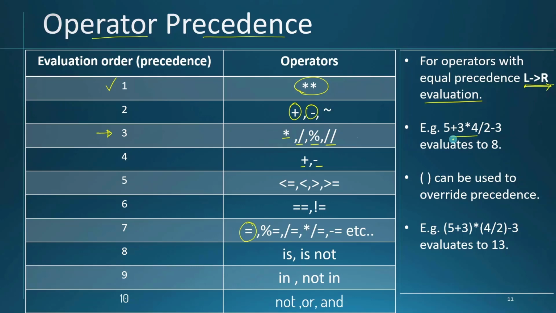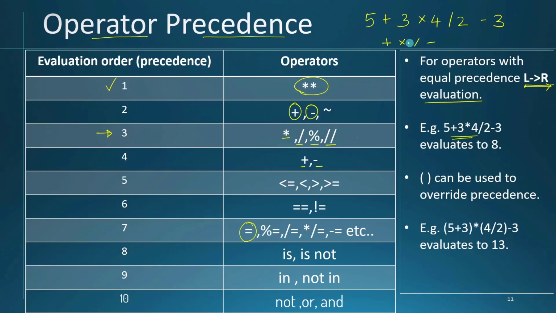Now let us take this example, then you will understand what we were discussing. Let us see how it is getting evaluated. 5 plus 3 into 4 divided by 2 minus 3. Let me write all the operators one at a time. We have plus, multiplication, division, and subtraction. Now let us see which operator has more precedence.